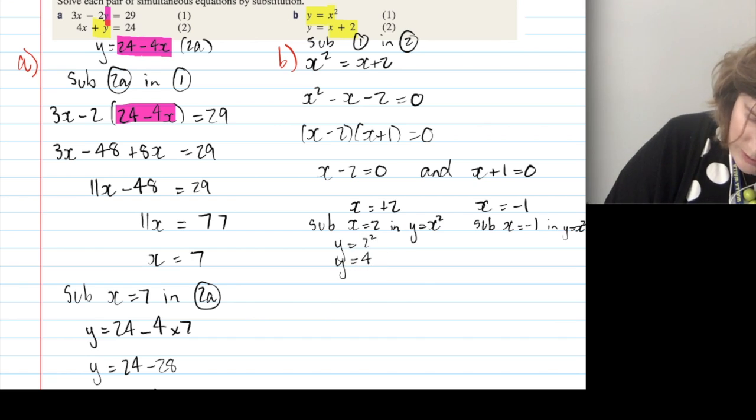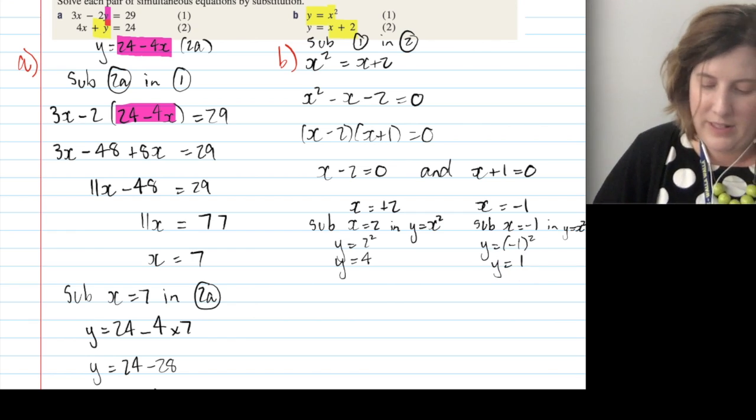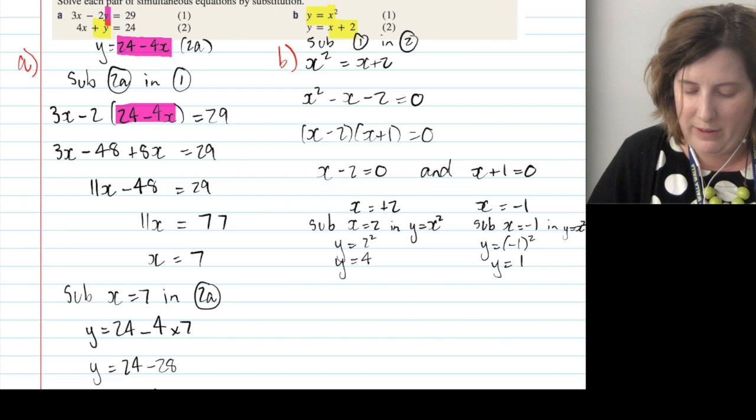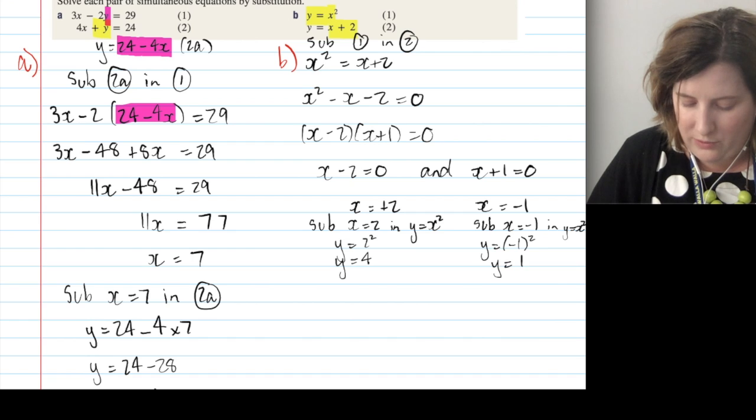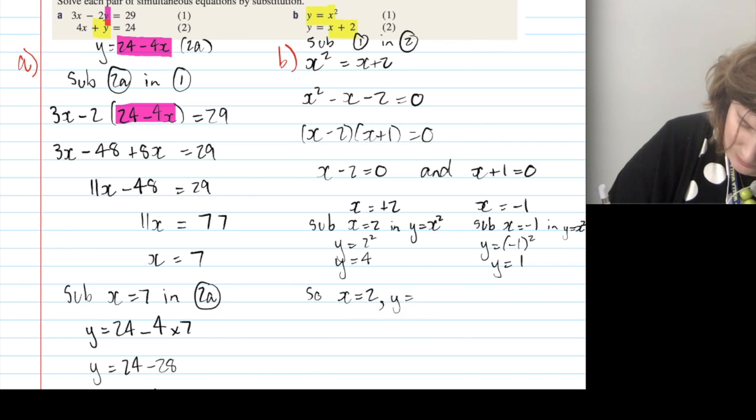And negative 1 squared, brackets, because we're squaring a negative, y equals positive 1. And if we'd done that with y equals x plus 2, we would have had negative 1 plus 2, positive 1, or 2 plus 2, which is 4. Good. So we have x equals 2, y equals 4, and x equals -1, y equals 1.